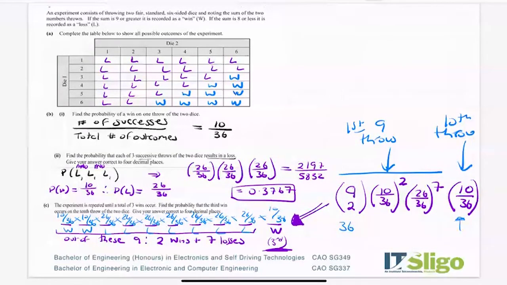So we put it into the calculator as 9, choose 2, multiplied by bracket, hit the fraction button, 10 over 36, close your bracket squared, open your bracket again, fraction button 26 over 36, close it to the power of 7.